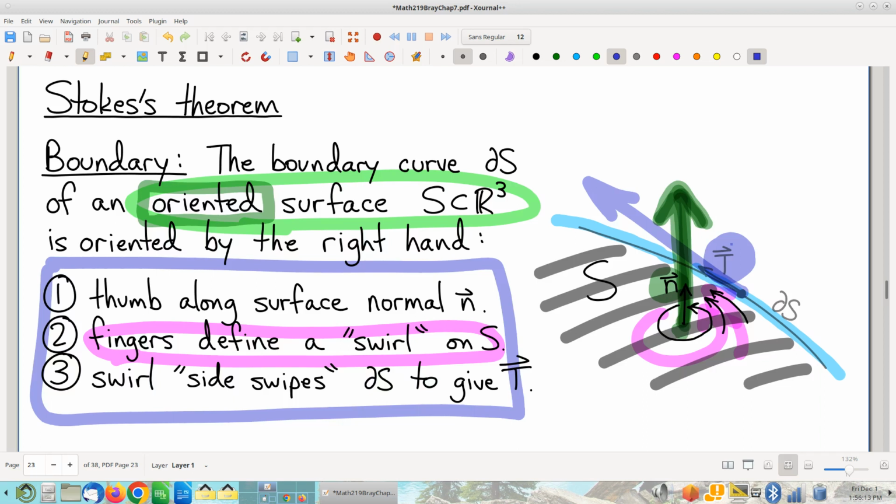They have to tell you what orientation they want on the given surface. Otherwise, I don't know what you're talking about. I cannot give you an oriented boundary until you give me an oriented surface. So the asker picks the orientation on the surface, and then you follow this rule to get the orientation on the boundary. Right. Okay. That's the rule.